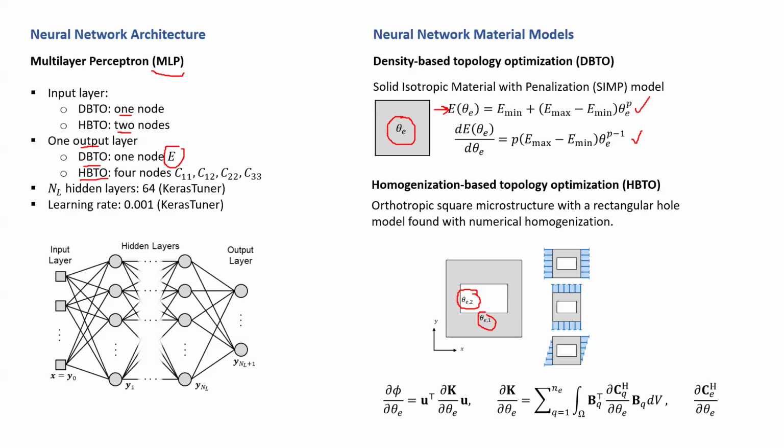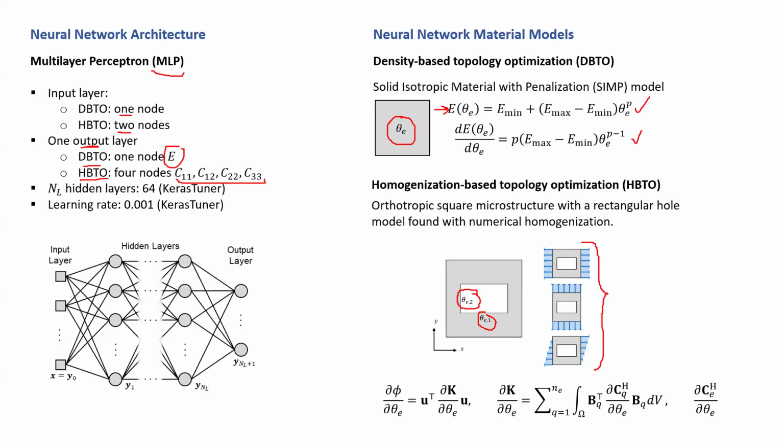For homogenization-based topology optimization, the output layer has 4 nodes, and the 4 nodes correspond to the 4 elastic coefficients of the stiffness matrix for an orthotropic material. And we obtain those numerically using the usual 3 reference strains.